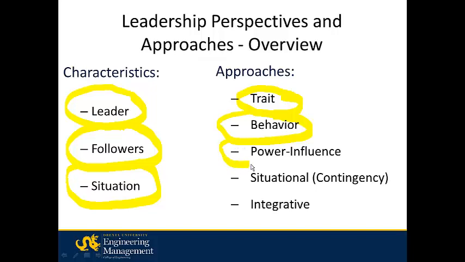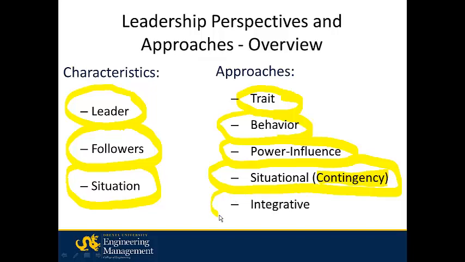The third is, how are they using their power or influence? The fourth is a situational model made famous by Ken Blanchard and Hersey, also known as the contingency approach, just meaning that something is happening situationally that affects how the leader or the manager approaches it.